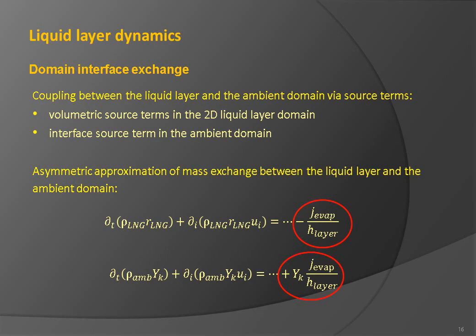To understand these mass transport equations, it is important to explain that Yk represent mass fractions of the gaseous LNG components and air, rho amb is the density in the ambient domain, and J evap is the mass flux associated with the LNG evaporation. As already mentioned previously, gaseous LNG is modeled as a fixed composition mixture of methane, ethane, and butane.